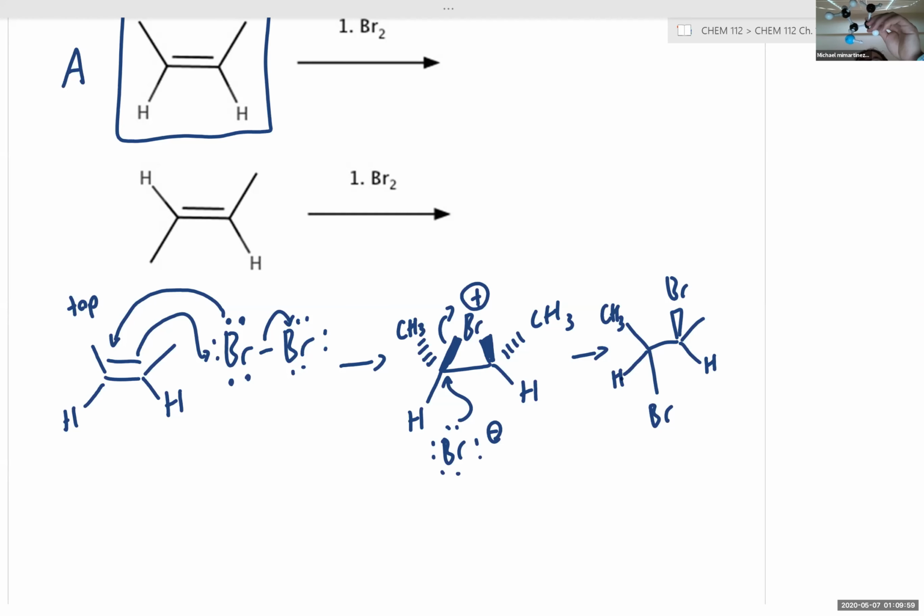Now what we're going to do is rotate our molecule so it's drawn in normal dash wedge notation. In this case, we're going to rotate this left-hand side of our molecule. And then we're going to draw what we see in dash wedge notation.